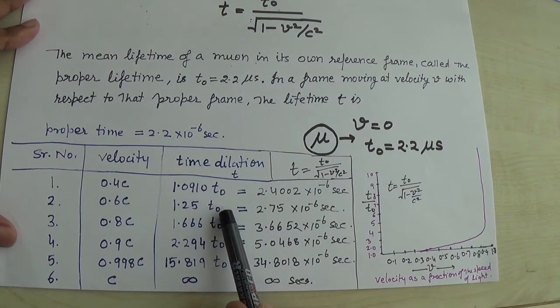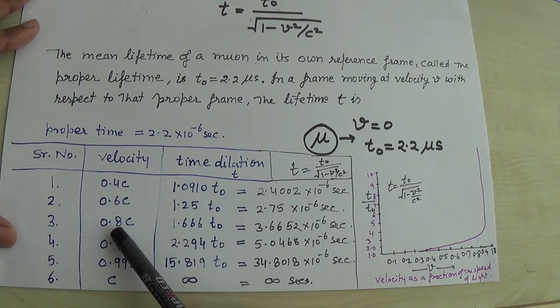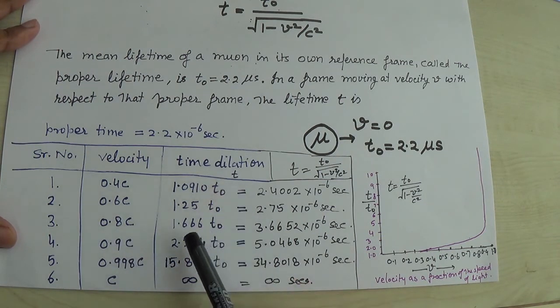By this factor it is increasing, and when the relative speed further increases to 0.8 c, the time dilation is 1.66 of t naught, and when the speed is 0.9 c, it becomes 2.294 of t naught. When the speed is near c, 0.998 c, then t is 15.819 of t naught.